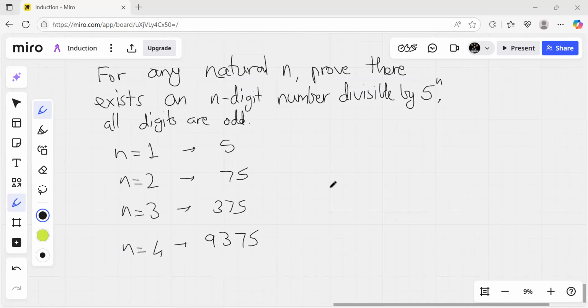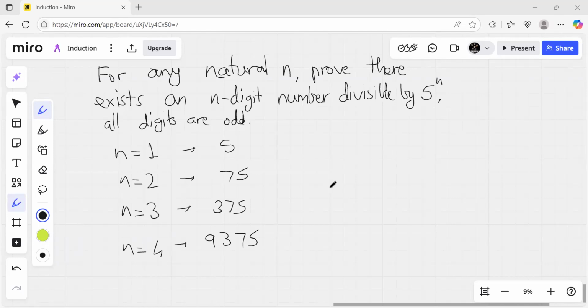So let it be true for k, and 5 to the power k divides a_k. Now for k plus 1, 5 to the k divides a_k, and if we multiply by 5, 5 to the k plus 1 will divide 5^k times 5, right? Yeah. And 5^k times 5 can be a k-digit number or a k plus 1 digit number.